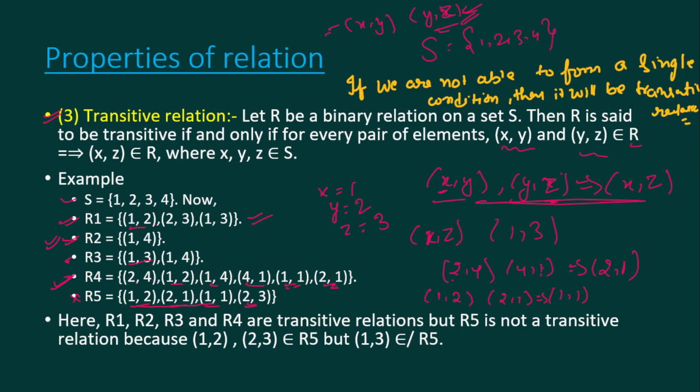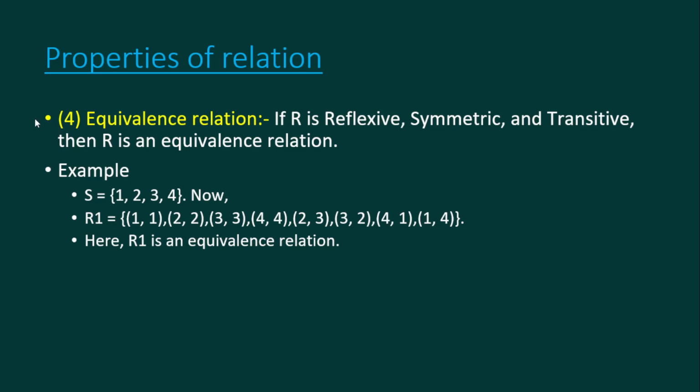Okay, now let's move toward our next topic, that is the fourth relation, the equivalence relation. If a relation is reflexive, symmetric and transitive, if all three properties are there, then that relation will be called an equivalence relation.